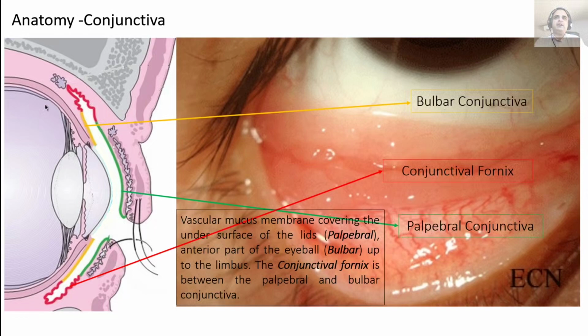So bulbar conjunctiva from the limbus surrounding the eyeball to a conjunctival fornix, which is basically a reflection of the conjunctiva into the space between the bony orbit and the eyeball, and then it finally reflects back onto the posterior surface of the lids as palpebral conjunctiva, which is shown in green here. So this is how the conjunctiva is oriented in the eye.